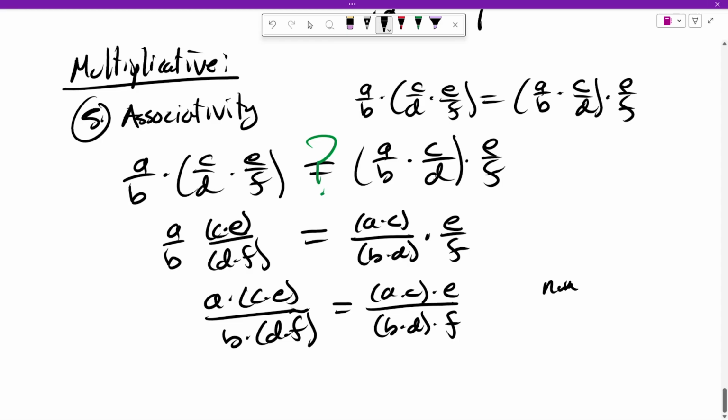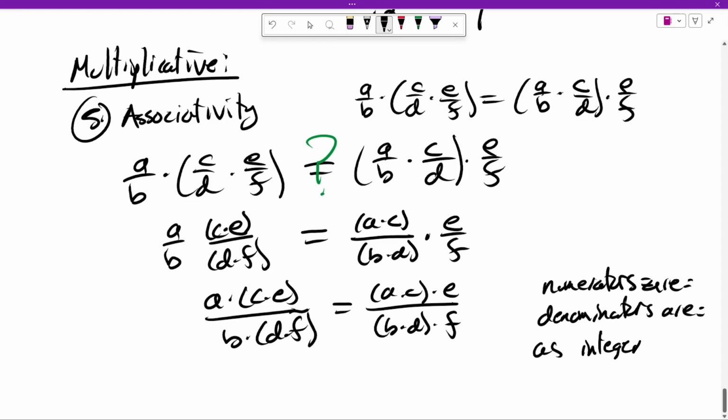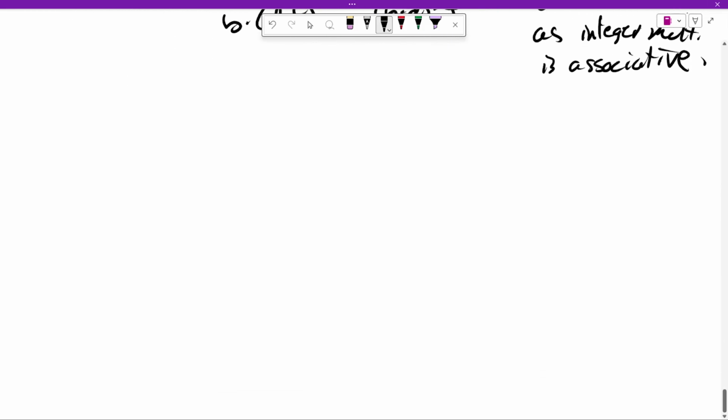Now the numerators are just equal, and the denominators are equal, as integer multiplication is associative. So are these equal? Yeah, because it's not even that the reduced fractions are equal, it's just that they're equal as integers. So it's even better. We don't have to reduce anything. All right, so it's associative.